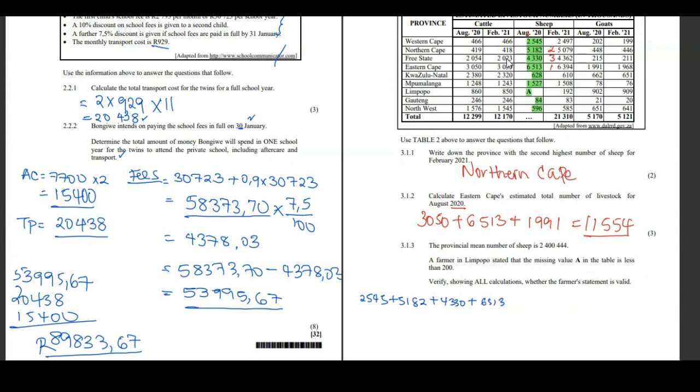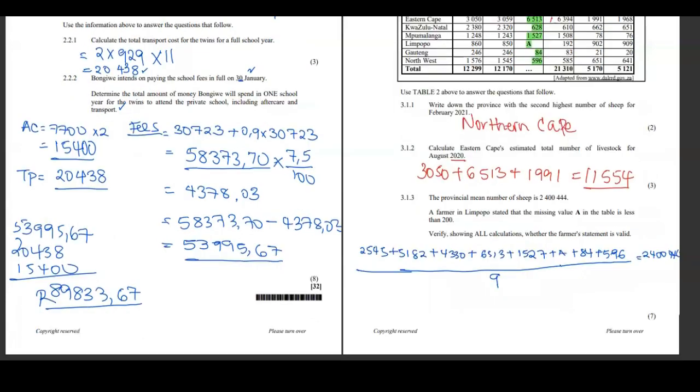Why am I adding? I'm asking myself how did they get it? They got it by adding all the values, including the unknown, and they divided by 9. I'll put my division here. They got their answer as 2,400,000. You see that?